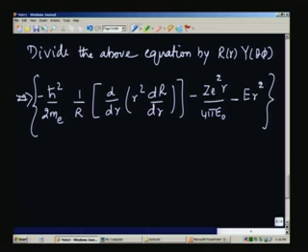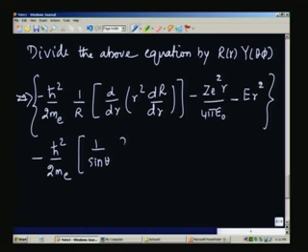depend only on r, and the leftover terms are minus h bar square by 2 me, 1 by sin theta ∂/∂θ (sin θ ∂Y/∂θ).